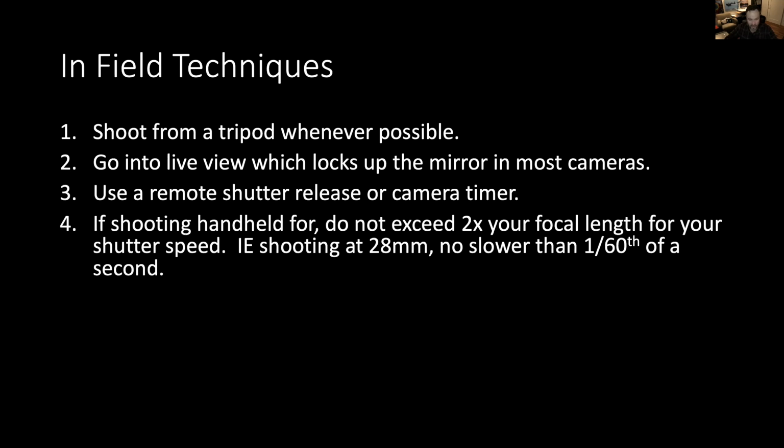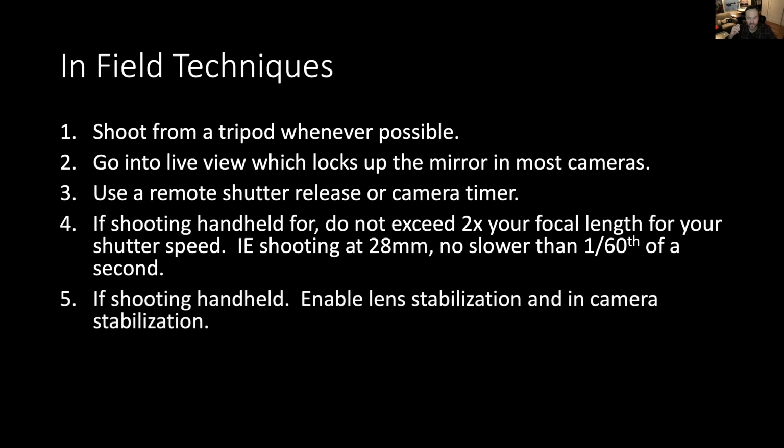There are variables that are going to come into play that can help you a lot on this. If shooting handheld, you're going to enable lens stabilization, and I'll show you how to do this if you don't, and in-camera stabilization. This is usually automatically enabled on the newer cameras, and it's going to push the boundaries of what you're able to do a lot further. We're talking about the newer, higher end mirrorlesses; they're going to have the in-camera stabilization.